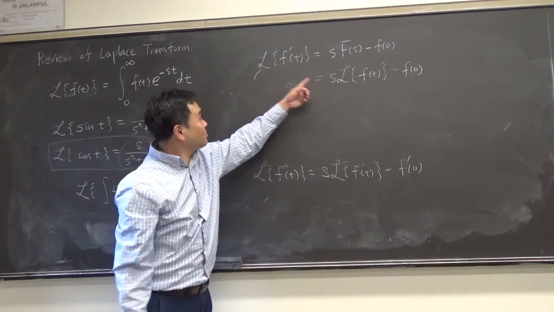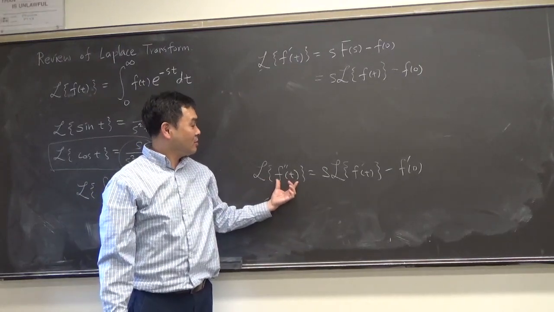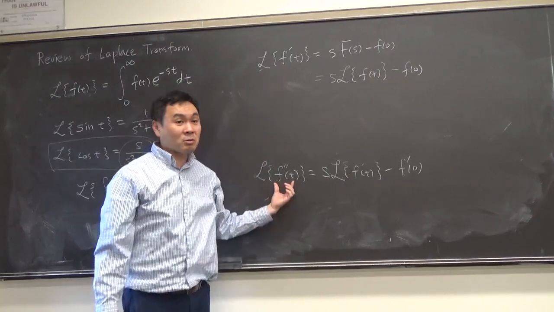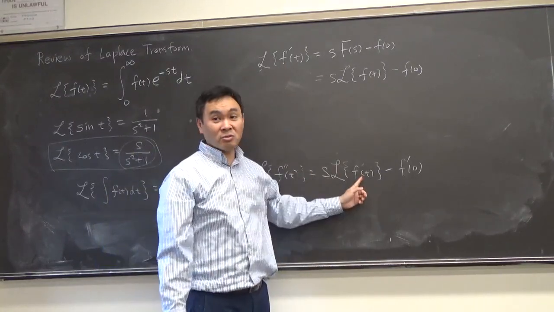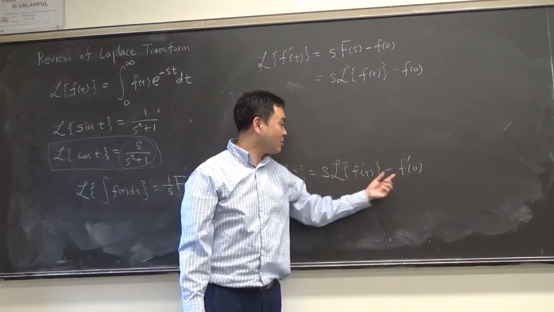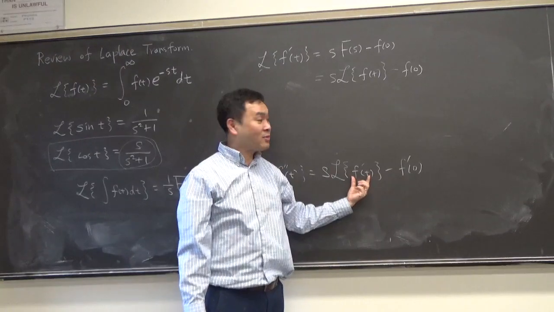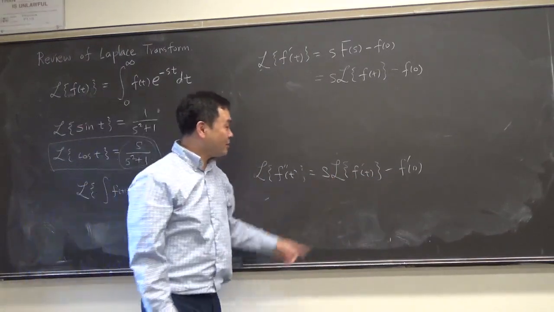If you take this result and apply it to f double prime of t, then if you replace f prime by f double prime of t, you lose a derivative. I lost the derivative by having an extra s times the function minus the function evaluated at 0. So that's what you get. But then what is that?